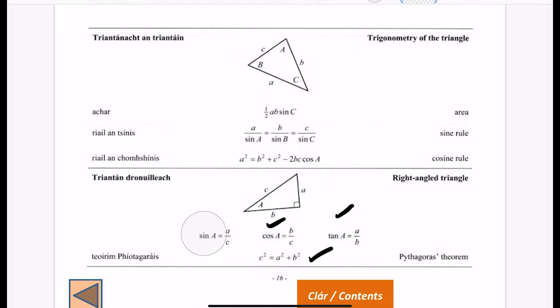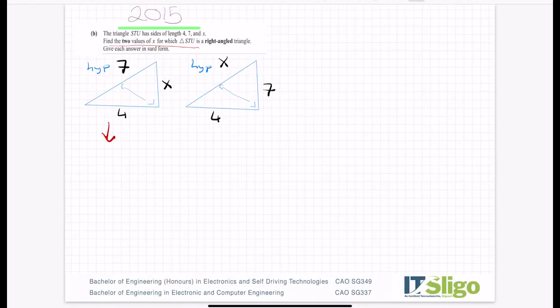Pythagoras' theorem tells you that the hypotenuse squared, how do I know that? Because in their diagram c is the hypotenuse, it's opposite the right angle. Hypotenuse squared equals the other two sides squared. So for this one I have drawn here my hypotenuse squared is equal to the other two sides squared.